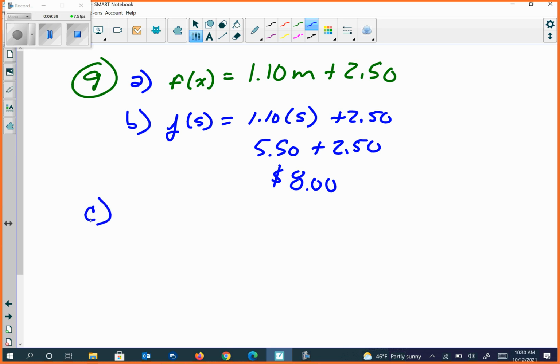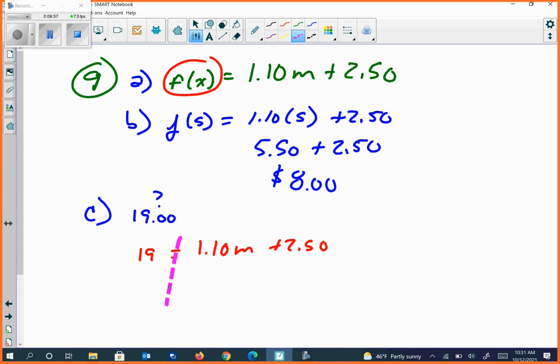Letter C, how far can you travel if you only have $19? Okay, so what I'm going to do with this $19, it's going to go in there. So 19 equals 1.10 m plus 2.5. Solve your equation. Subtract 2.5, subtract 2.5. Those cancel.